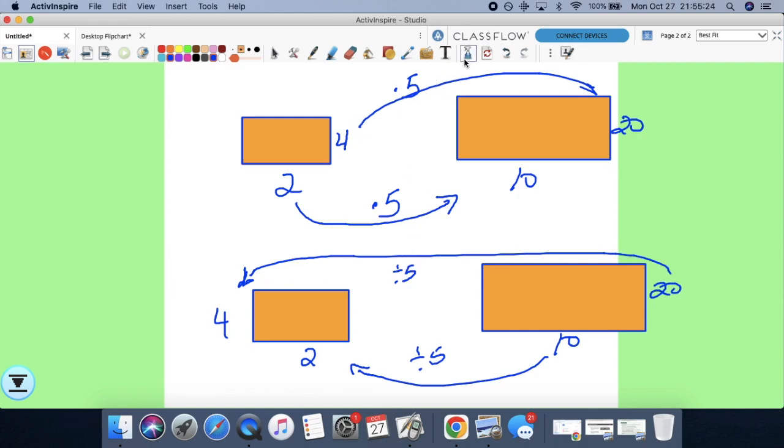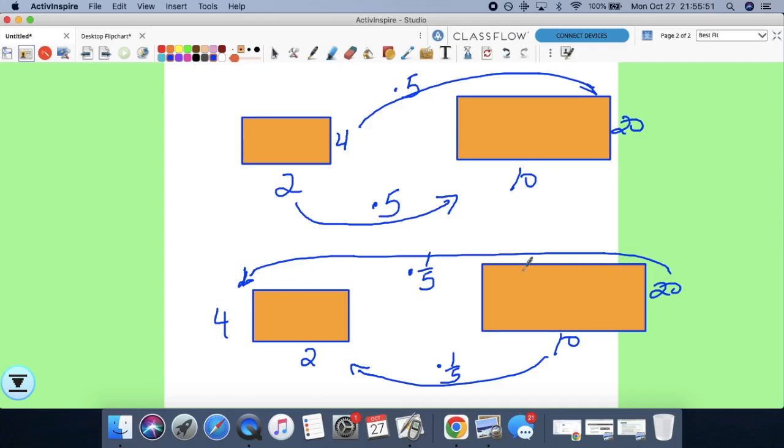But I want you to start thinking in terms of multiplication. Remember what division is. Division is the same as multiplying by the reciprocal. So instead of saying divided by 5, we can say 20 was multiplied by the reciprocal of 5, which is 1/5. And 10 was multiplied by 1/5 to get 2.